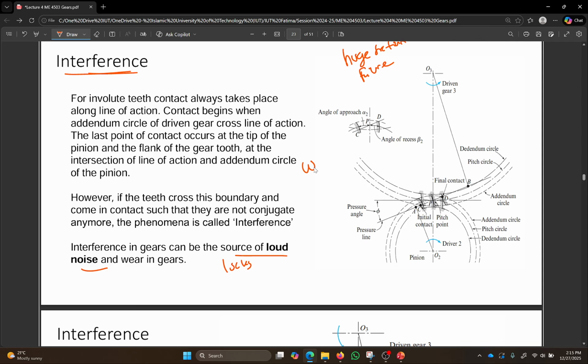It interferes with the constant ratio involute action, the conjugate surface action that you initially desired. It kind of locks up your gear, reduces the smooth movement, causes vibration, noise, friction, velocity differences, velocity ratio changes, and so many things.